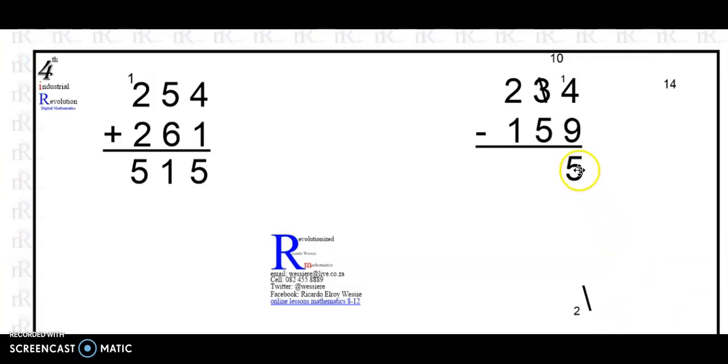Next step. Remember, I've taken 1 away from the 3, so there's only 20 left now. This is 234, so this 2 now represents the 20s. 2 minus 5 can't. So, once again, I go and borrow. If I take away from 2 the 1, then 1 remains in front, and the one that is carried is now 100, so I have 120.